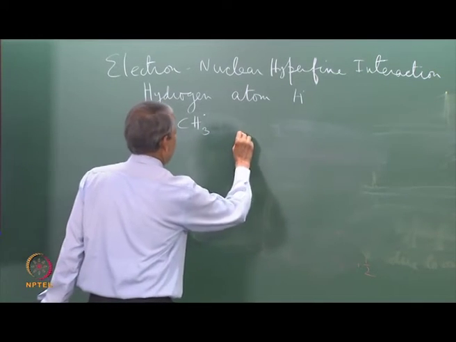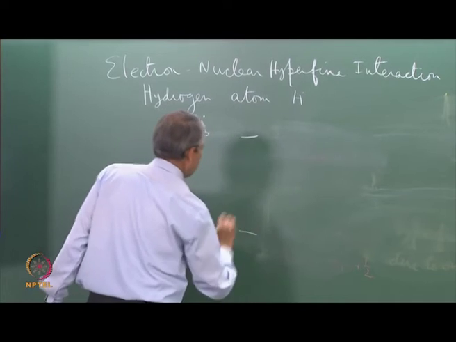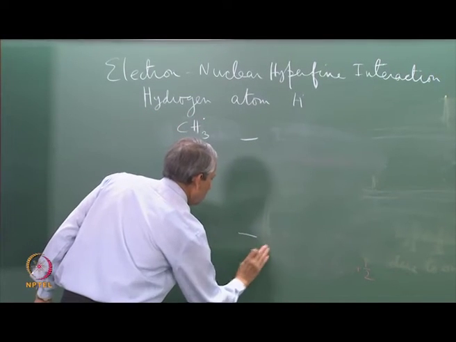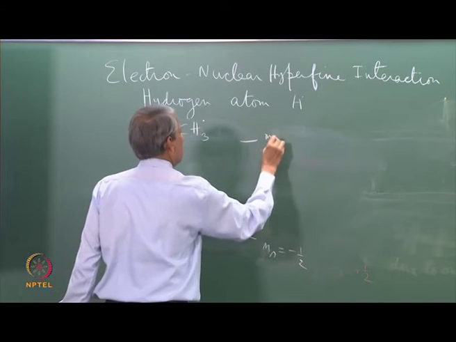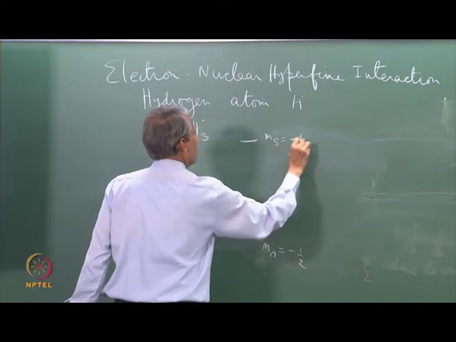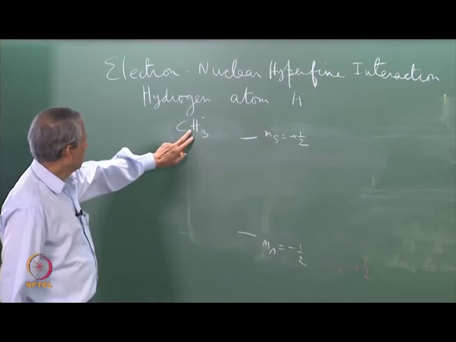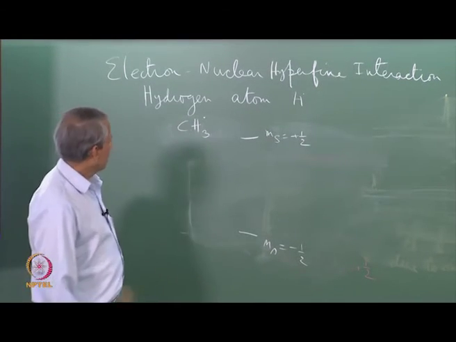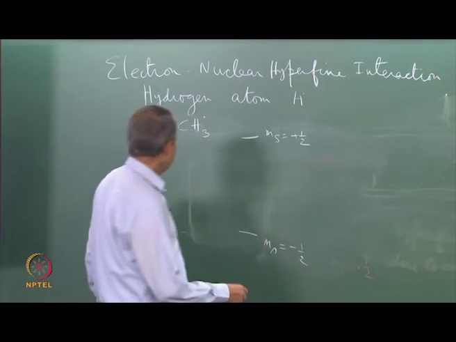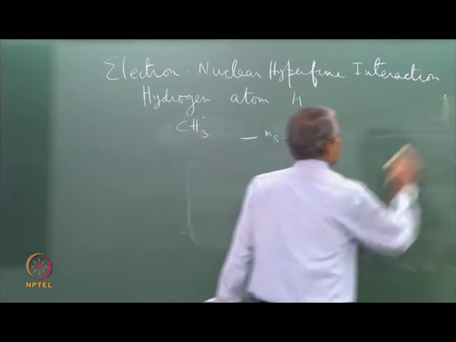For the electron, this is ms equal to minus half and here ms equal to plus half. Now, we have 3 protons and all of them will align in the magnetic field according to plus half or minus half each of them. So, I can get this sort of possible orientation.